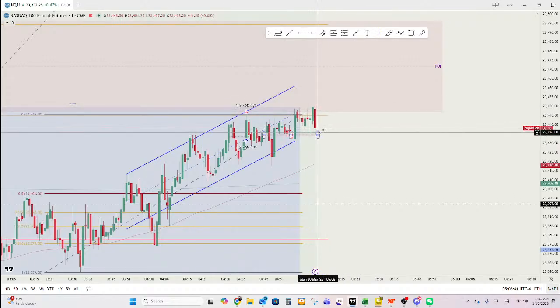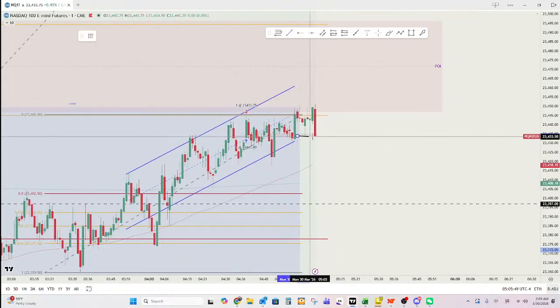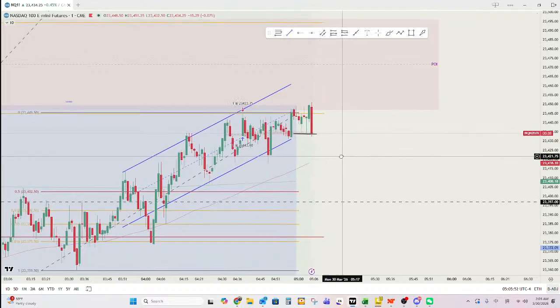This bar is kind of strong. So let's say if you can stop over here, okay, I will enter the trade.